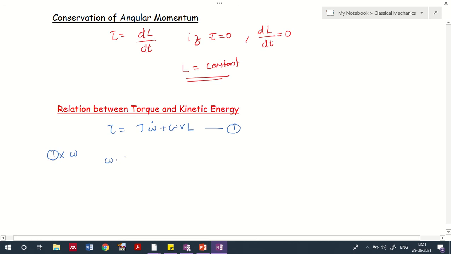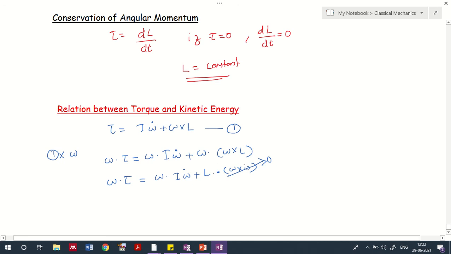That is, omega dot tau is equal to omega dot I omega dot plus omega dot omega cross L. Now this representation becomes omega dot tau is equal to omega dot I omega dot plus, if I rearrange, L dot omega cross omega.